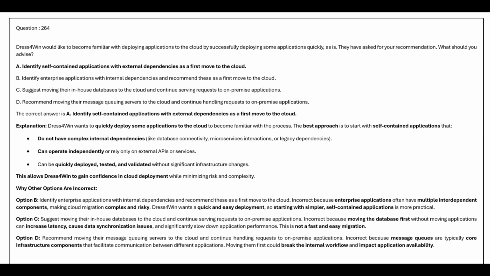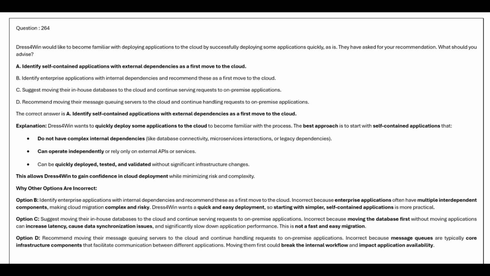Why other options are incorrect? Option B. Identify enterprise applications with internal dependencies and recommend these as a first move to the cloud. Incorrect because enterprise applications often have multiple interdependent components, making cloud migration complex and risky. Dress4Win wants a quick and easy deployment, so starting with simpler, self-contained applications is more practical.